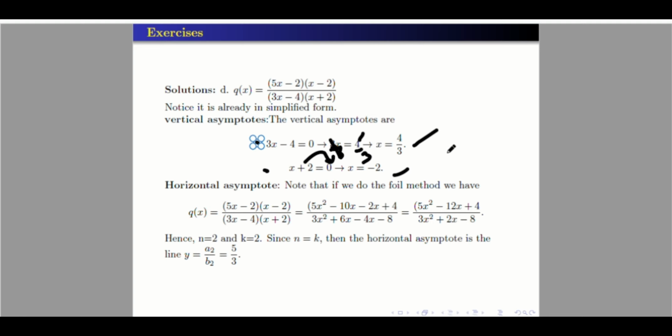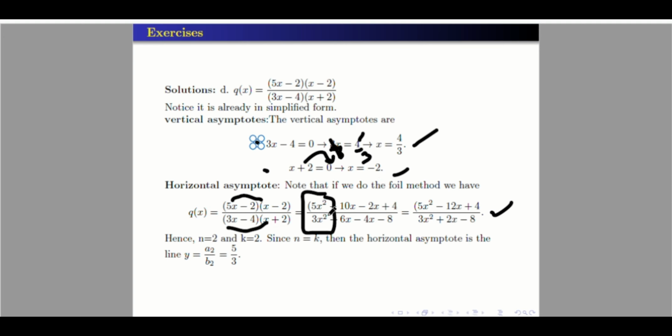Now, horizontal asymptote. So note that if we do the FOIL method, so if we do the multiplication, we have this. Okay, but of course, for the shortcut, you can just multiply the leading coefficients only. You can do that for the horizontal asymptote.